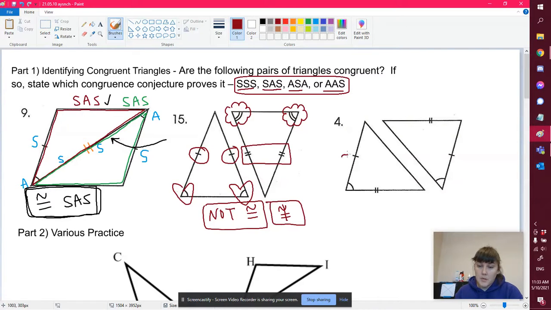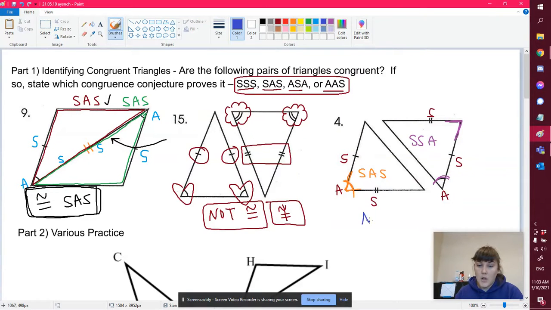And then on number 4, this is a side, an angle, and a side that matches up with this angle, this side, and this side. But you might notice that on this first triangle, the angle is in the middle of the 2 sides, and on this triangle, it's these 2 sides and then a different angle, so it's SSA.